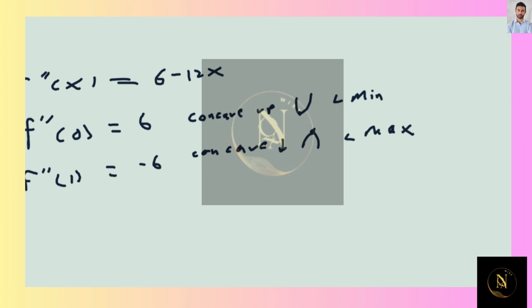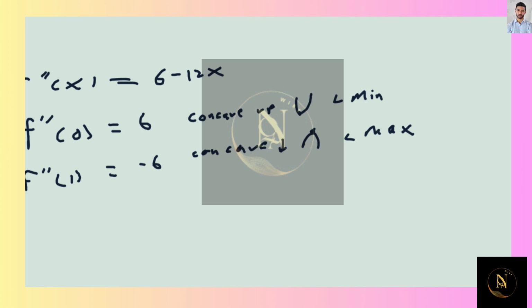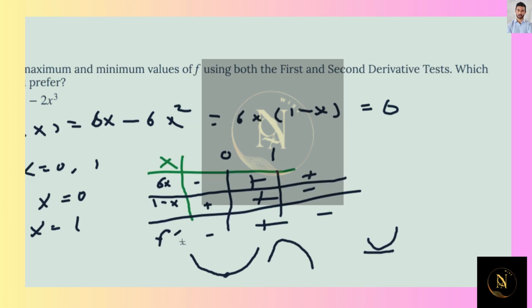So for me, personally, I prefer the first derivative test, because it just makes more intuitive sense to me. The second derivative test seems like just an extra step, and it really uses information from the first derivative test. You can see that there is a concave up shape by just looking at how the function is behaving.